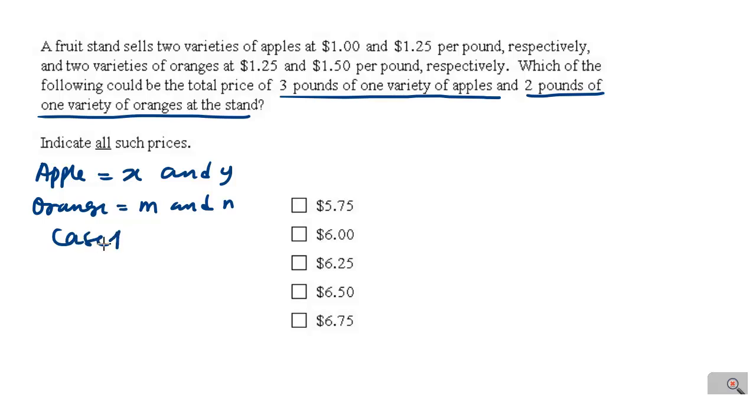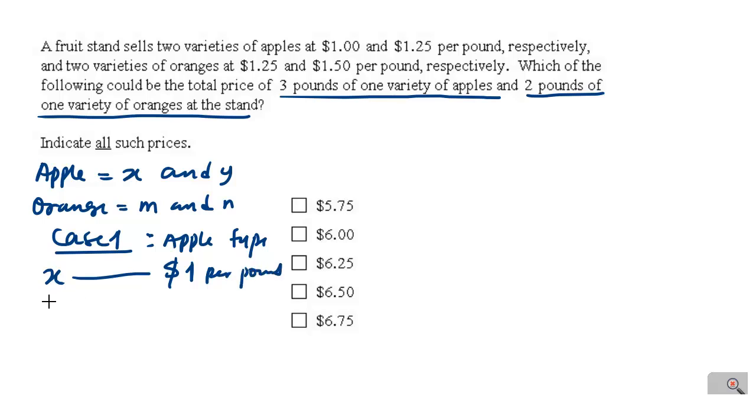Case 1, we want to focus on the apple type. So for X, one of the apple types is $1 per pound. Then the other apple type is $1.25 per pound. Then for case 2, we have the orange type.